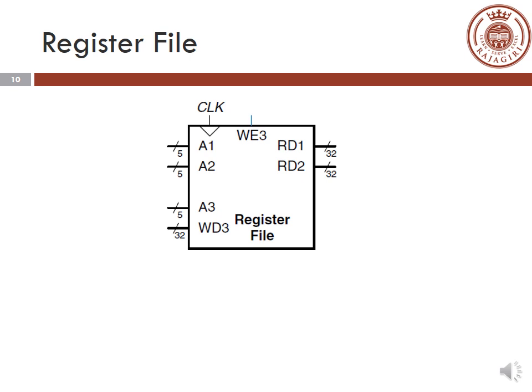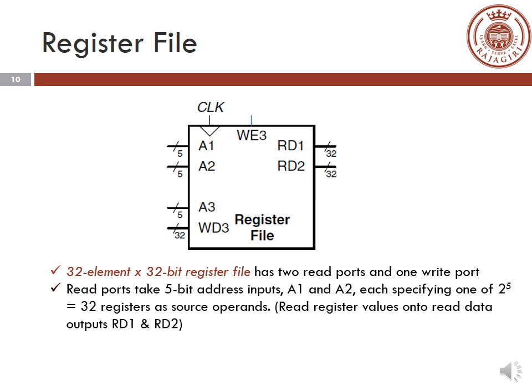This register file consists of two read ports, represented by your RD1 and RD2, each of 32 bits, and through these ports the register contents can be read.